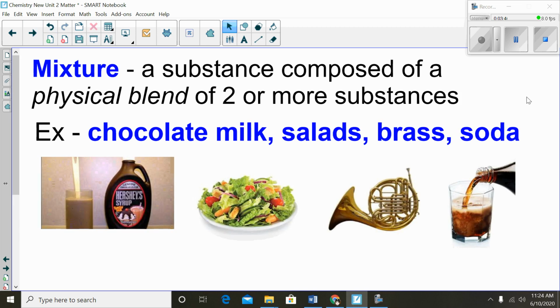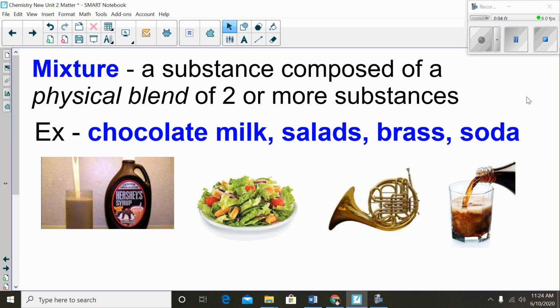Mixtures. A mixture now is a substance composed of a physical blend of two or more substances. So for example, chocolate milk, that's a blend of the milk and the chocolate syrup. Salad is a blend of vegetables, croutons, tomatoes, lots of good stuff.